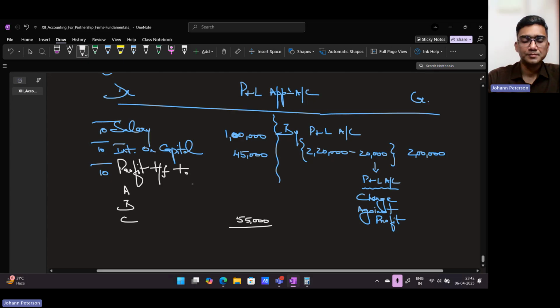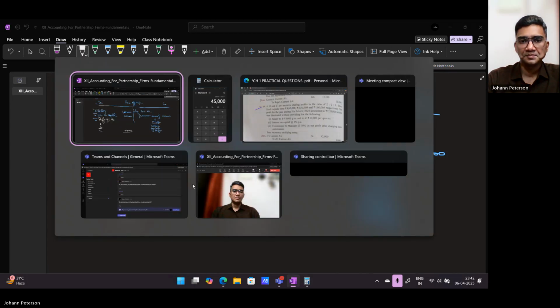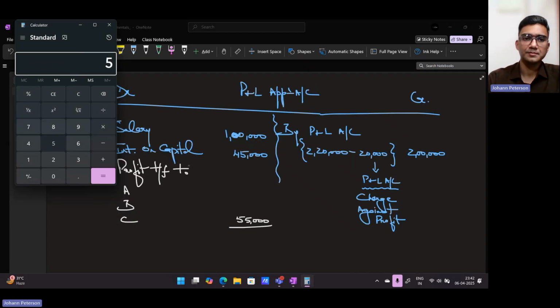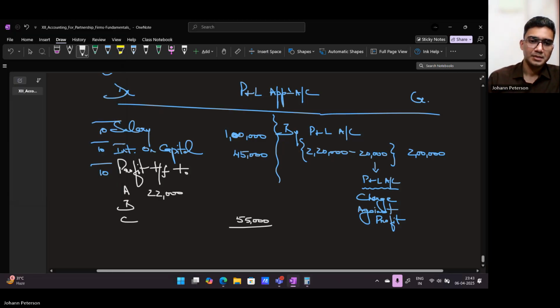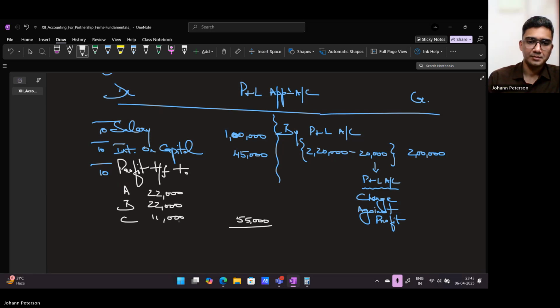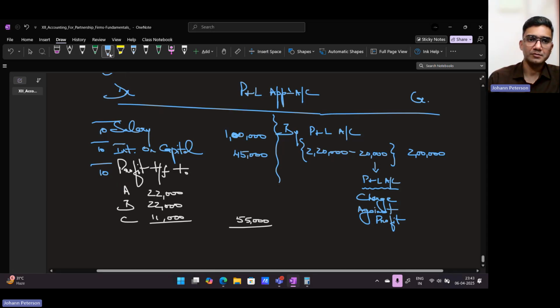So 55,000 into 2 divided by 5. That makes it 22,000. 22,000 and 11,000. This, if you total, it comes out as 55. And my total figure will be 2 lakh.